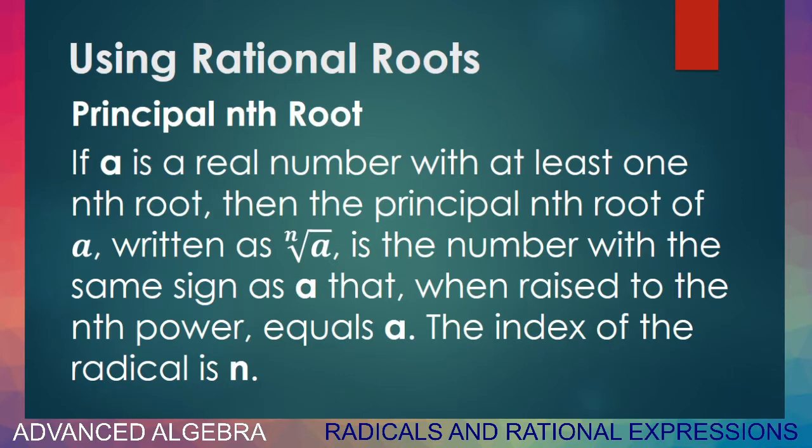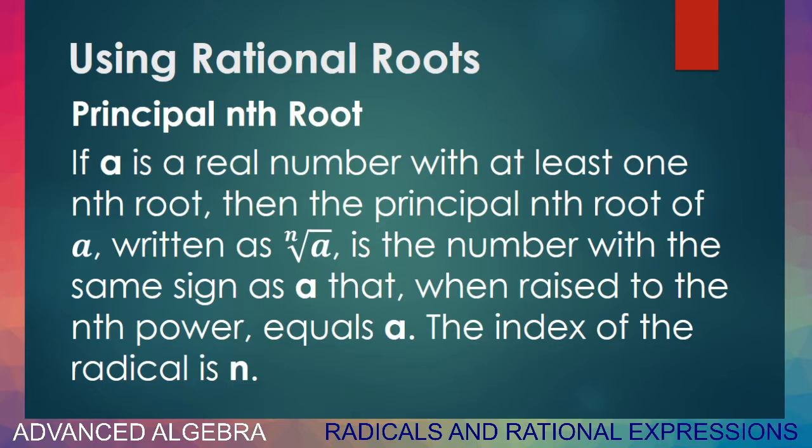So, if A is a real number with at least one nth root, then the principal nth root of A, written as nth root of A, ang basa is the number with the same sign as A that when raised to the nth power equals A. So, the index of the radical is n.